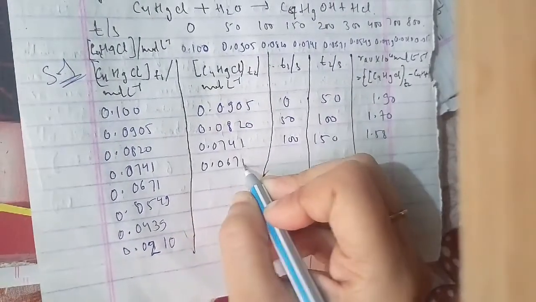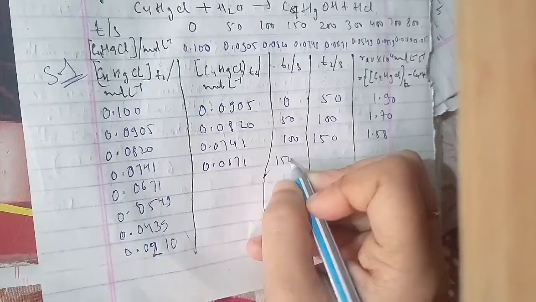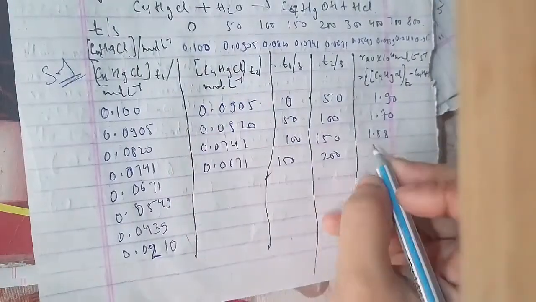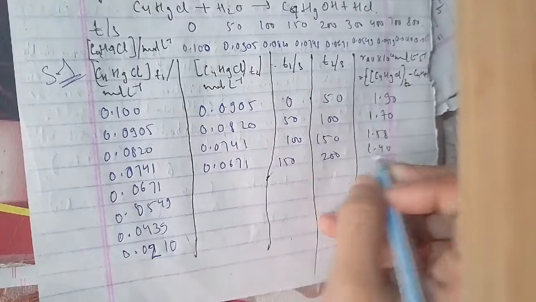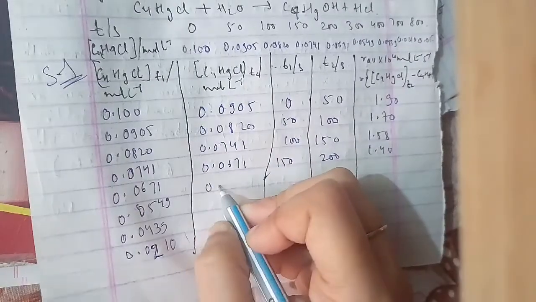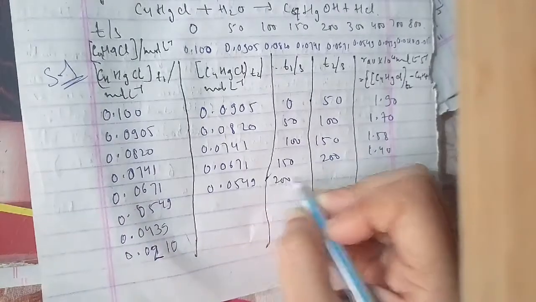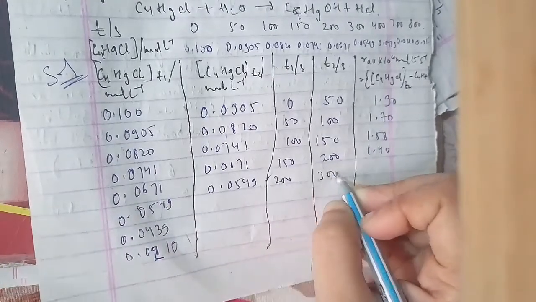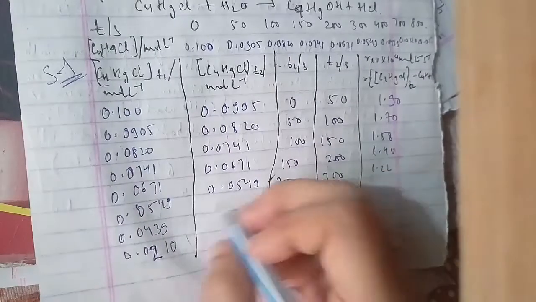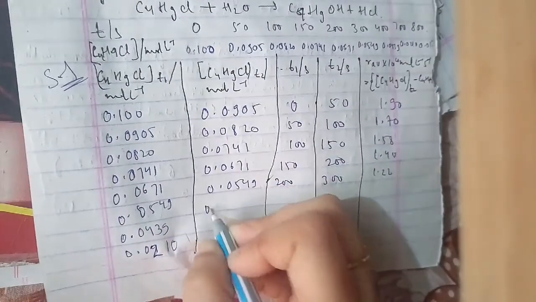The another we have 0.0439, 300, and that is your 400, and that is your 1.10. 0.0335, 400, 500, and 1.04.